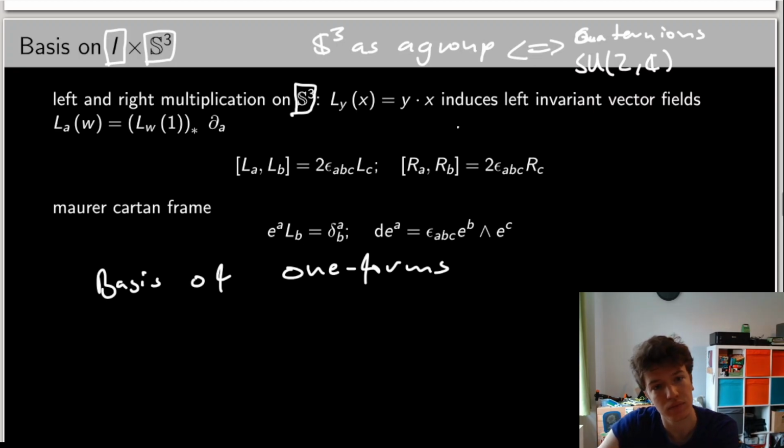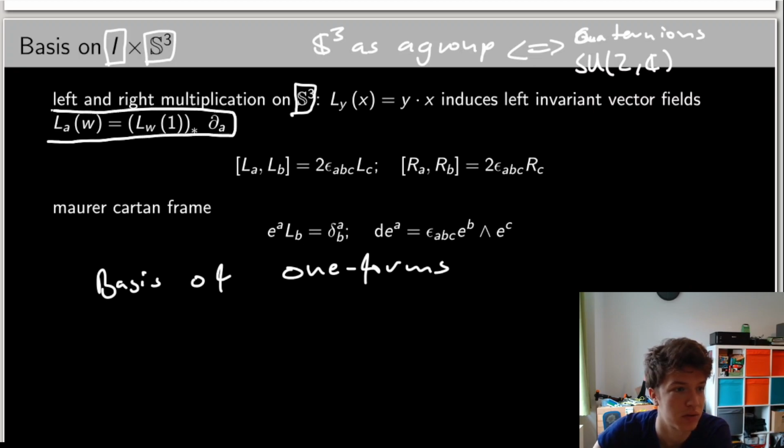And this is the theory of Lie groups, we therefore know how to do the translation of the basis in the tangent space of the unit.